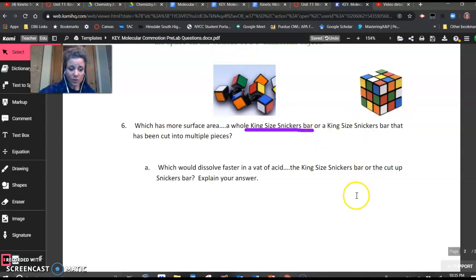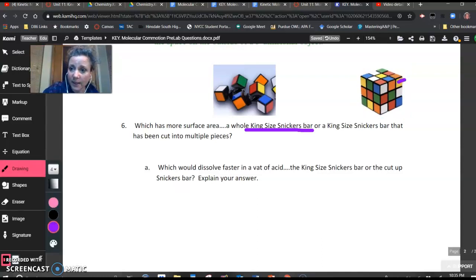Each square that we see on this larger Rubik's Cube has 6 sides, this one has 6 sides, so does this one, so does this one. Even just to wrap all of the cubes, 1, 2, 3, 4, 5, 6, 7, 8, all 9 cubes that make up this face of the entire Rubik's Cube, you now have 54 surfaces that you have to wrap. So the smaller the piece, the more surfaces you have that are exposed to the environment.